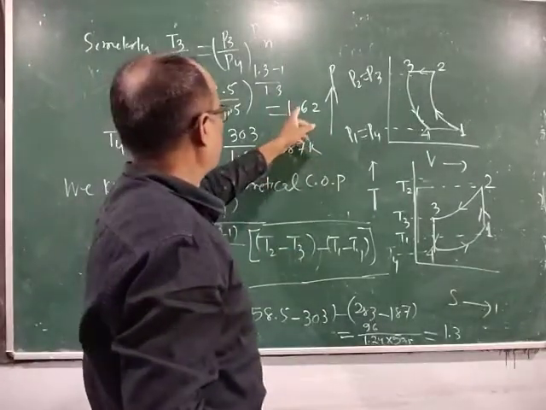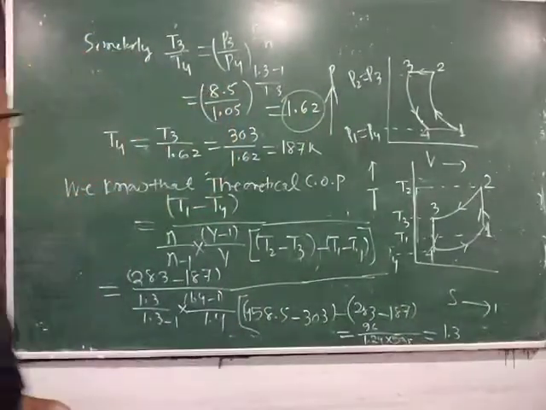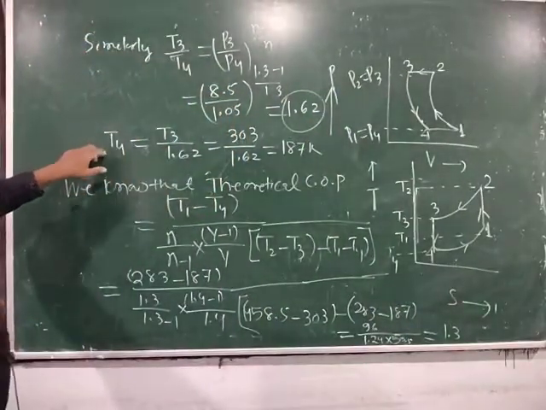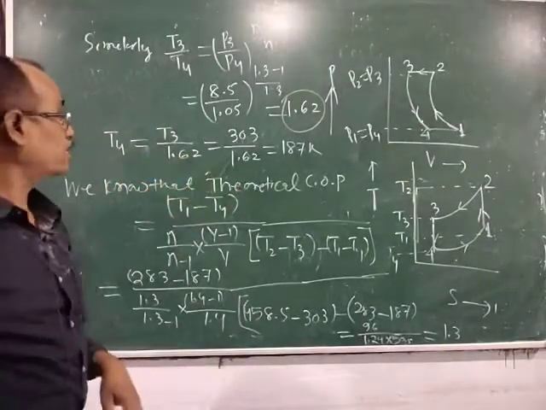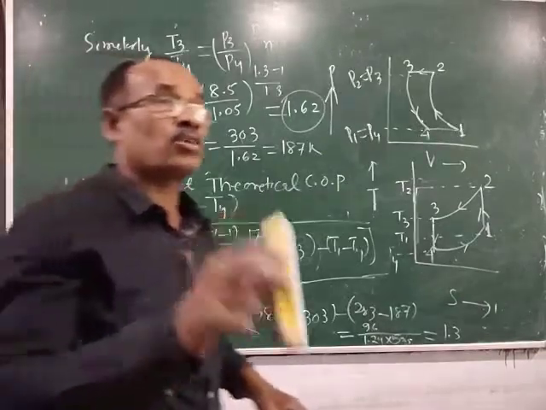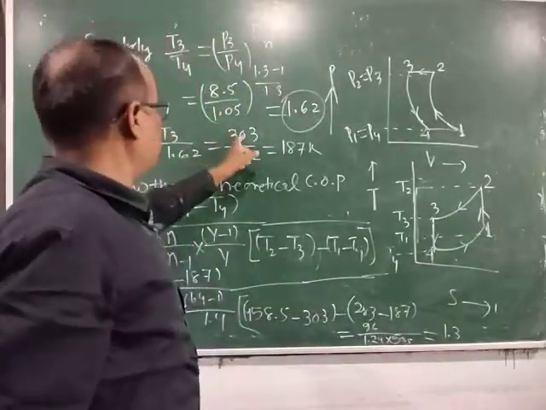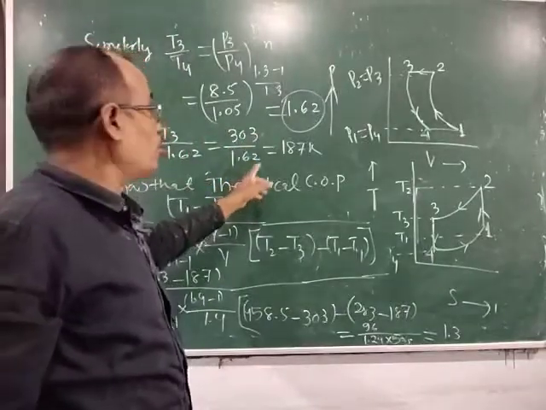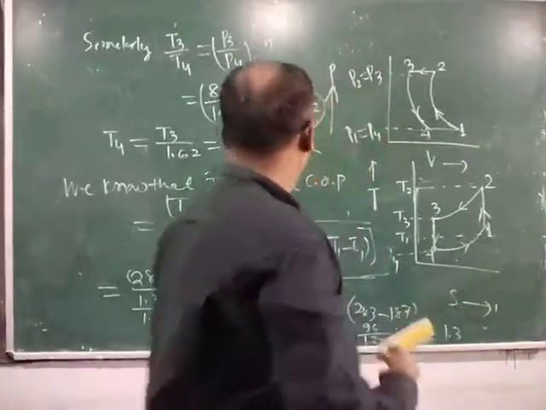We have 1.62, or T4 is equal to T3 by 1.62, but T3 is equal to 303. Therefore, T4 is equal to 303 divided by 1.62 is equal to 187 degree Kelvin.